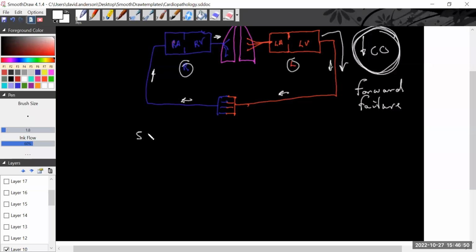And the signs and symptoms of somebody that is in forward failure, in other words, cardiac output is failing to meet demand, heart failure, we're going to see confusion, we're going to see fatigue, we're going to see compensation, an increase in heart rate. It's probably going to be weak, depending on when.